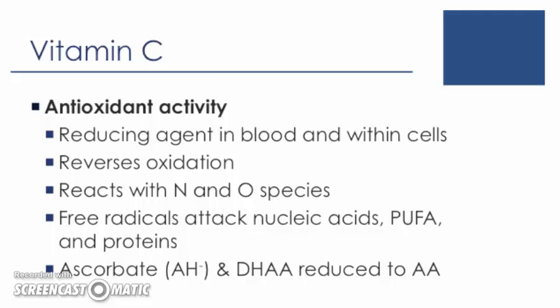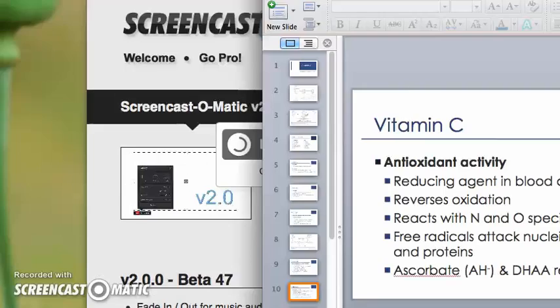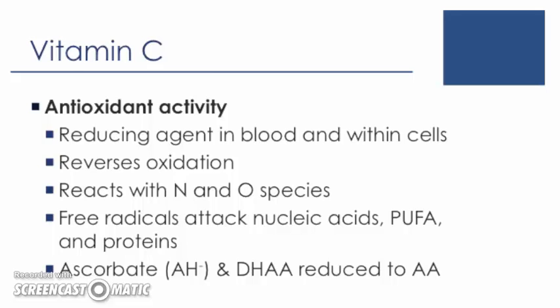So when interacting with a free radical, it becomes an ascorbate ion, which is then able to be converted to dehydroascorbic acid. The dehydroascorbic acid is then reduced to ascorbic acid when interacting with other antioxidants such as glutathione.